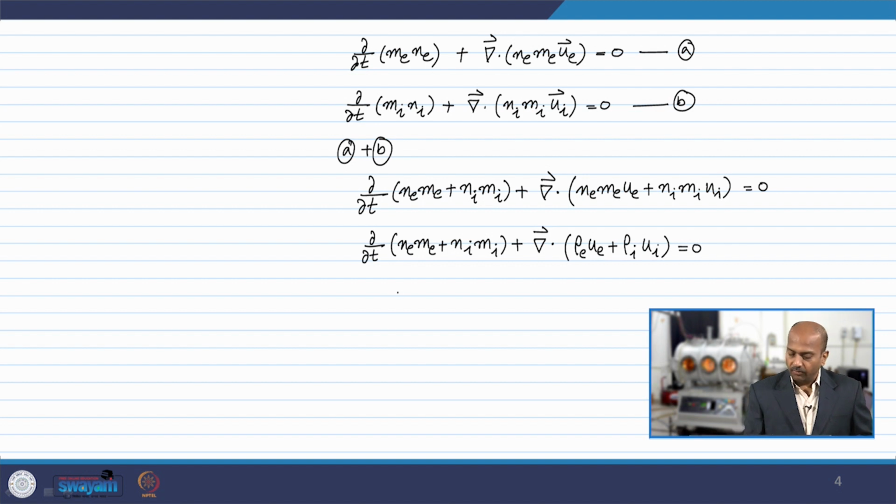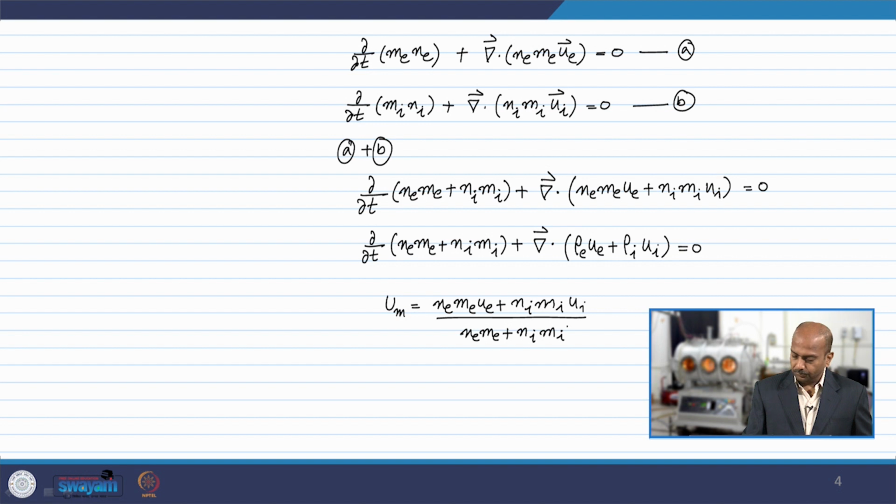Now, we define the fluid mass velocity U as NE ME UE plus NI MI UI divided by NEME plus NIMI, which is still in the dimensions of velocity actually, right.